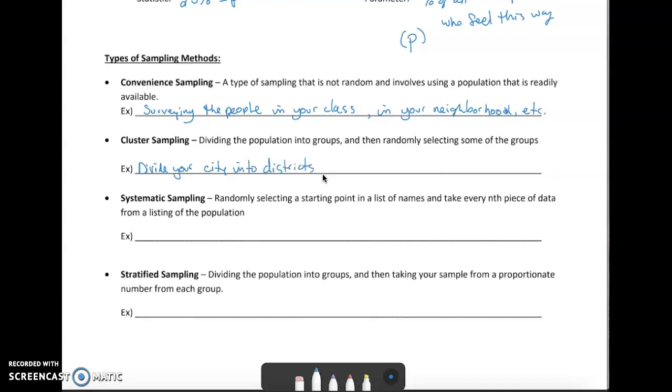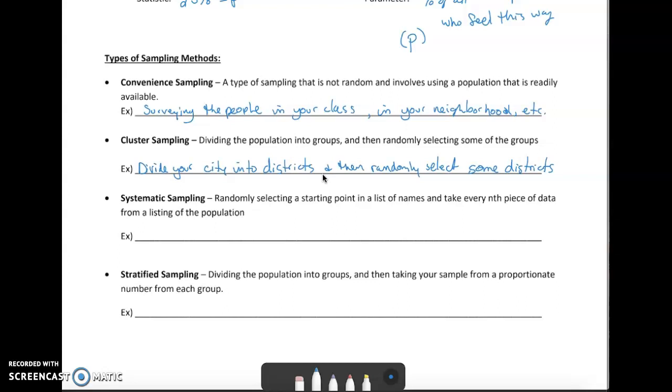If the population was your city, perhaps you divide it into districts, and then you randomly select some of those districts. So you've divided it into clusters, and then you sample these clusters.